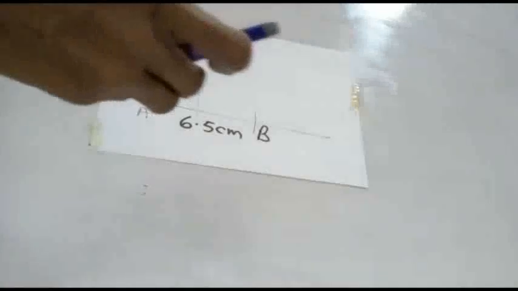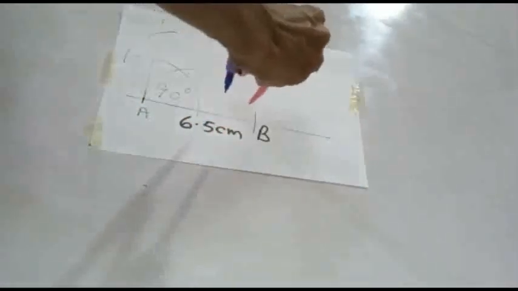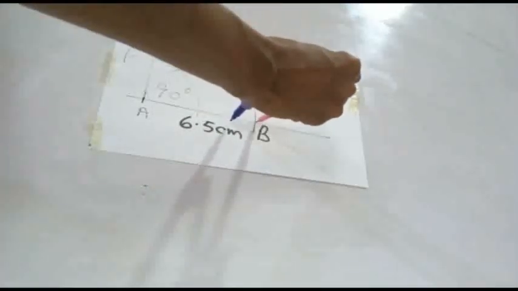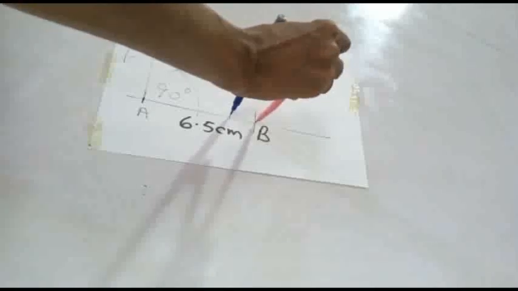Construct 30 degrees at B such that BA is an arm. Take a suitable length of radius and take this point B as the center and draw an arc.